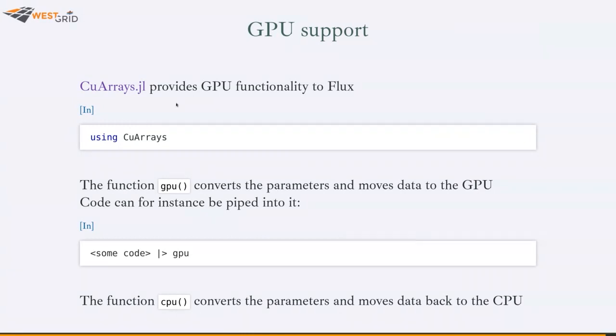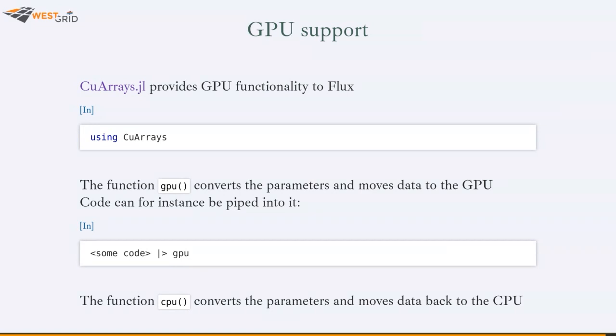And finally, I mentioned earlier that Julia has great GPU support. The CUDA package can provide GPU functionality very easily into Flux. So if you load this package, then the function gpu converts all the parameters that are within your models and moves everything to the GPU.